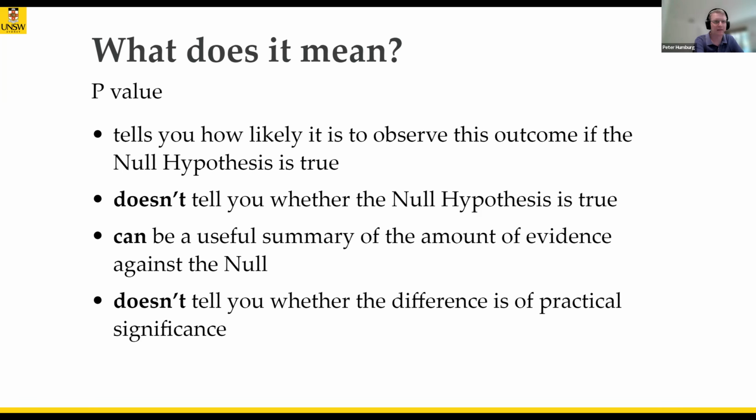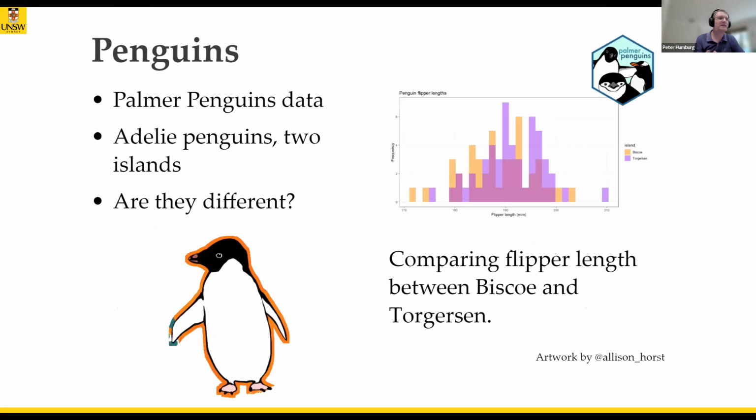But let's take a look at a more concrete example to see what maybe you can do. So for this, I will be looking at some penguins from the Palmer penguins data set, which you can get as an example data set. It contains data for, I think, 3 different penguin species on a few different islands.